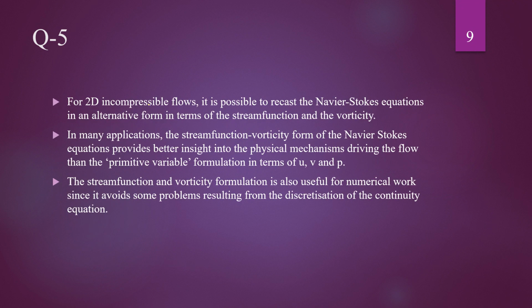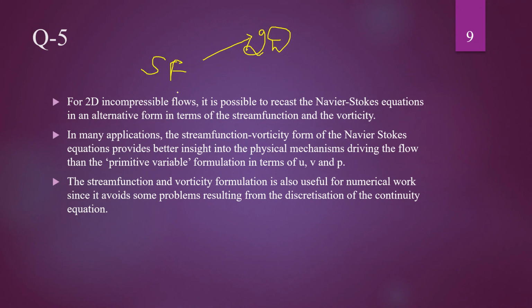For 2D incompressible flows, it is possible to recast the Navier-Stokes equation in an alternative form in terms of the stream function and the vorticity. So this is regarding the stream function vorticity approach. As I have already said, this is mostly used in 2D cases.